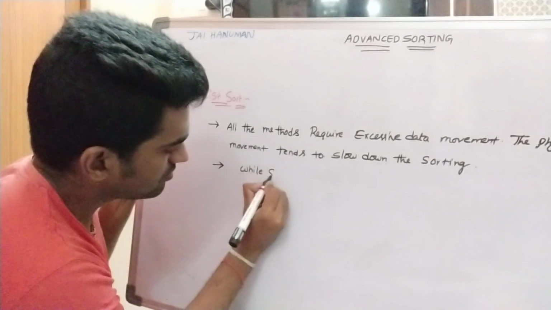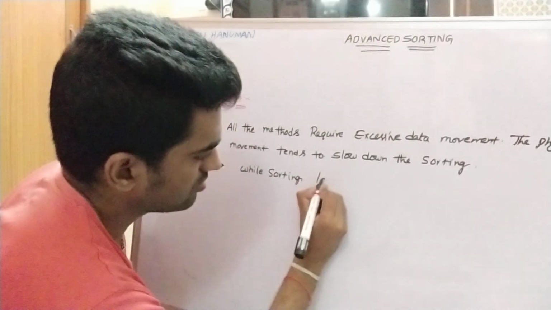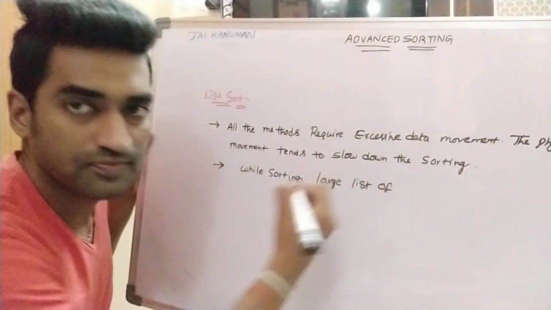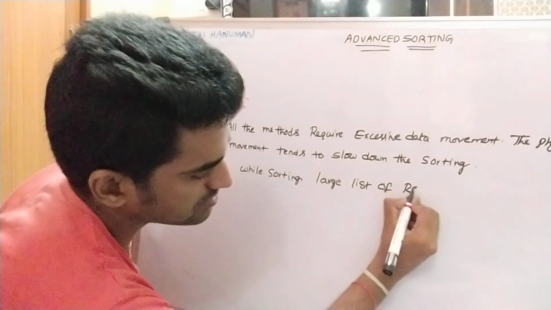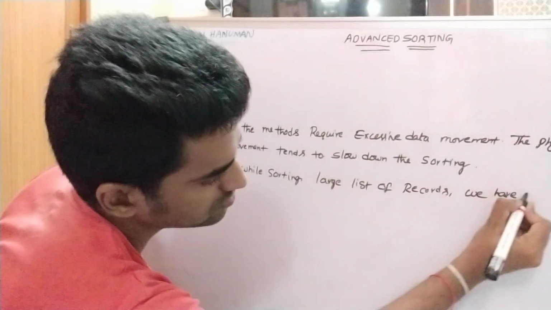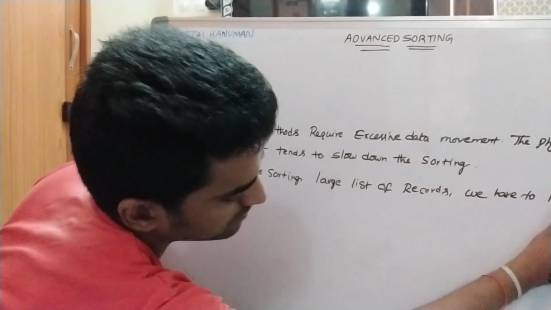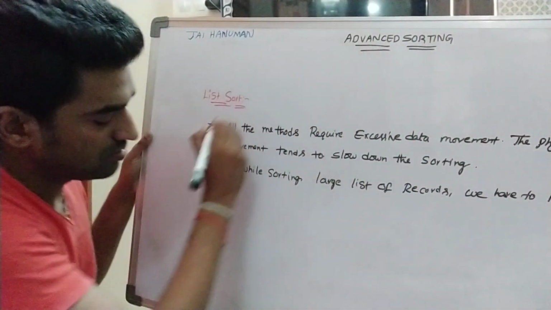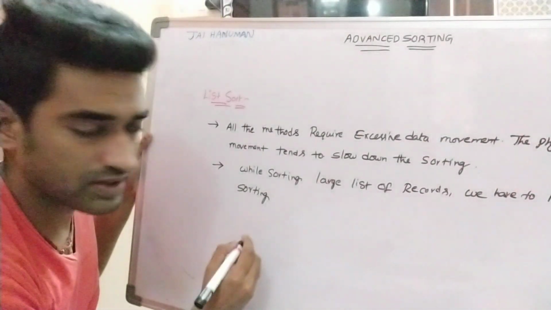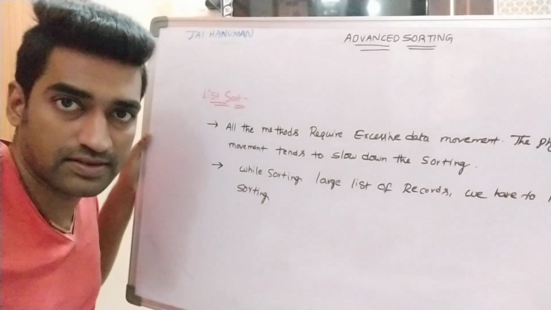while sorting a large list of records, we have to modify the sorting methods.